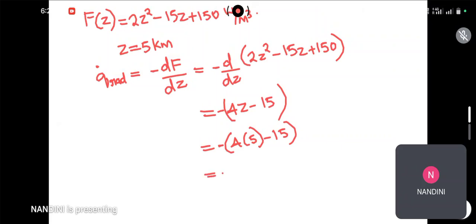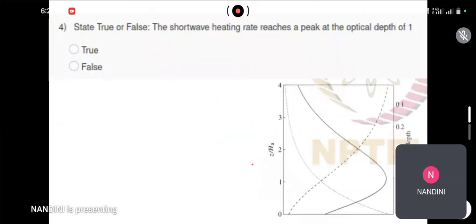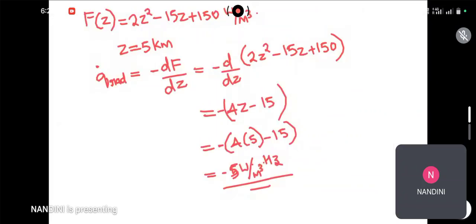This will be minus 5 watt per meter cube per hertz. This is like per second; second inverse can be written as hertz. So minus 5 watt per meter cube hertz is the answer. So this is the volumetric heating rate in this case, and this is the intensity of radiation that is entering the slab, the net radiation.